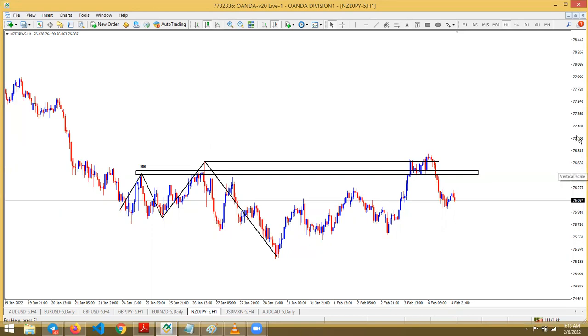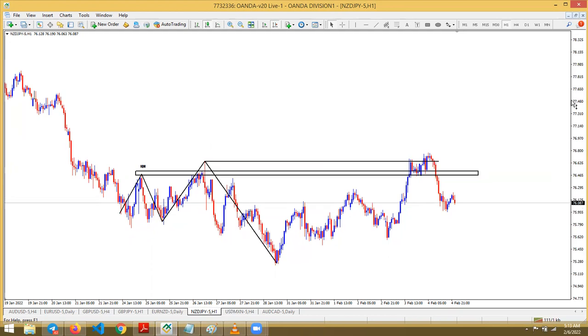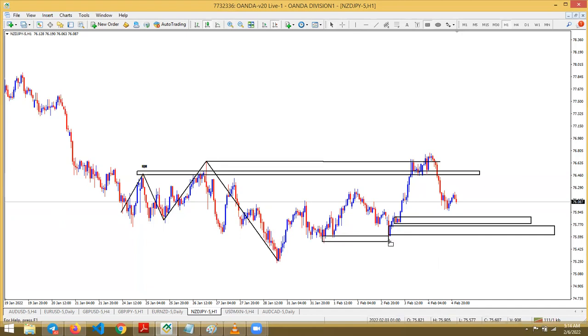So now basically what we're going to do, we're just going to wait for the counterattack. We're going to look out for these areas here. This area, I don't know if it has filled it already. Let me see that area there. And maybe possibly this final zone there. Those are two areas we're going to look out for, right? And as you can see, we even have possible filled orders there.